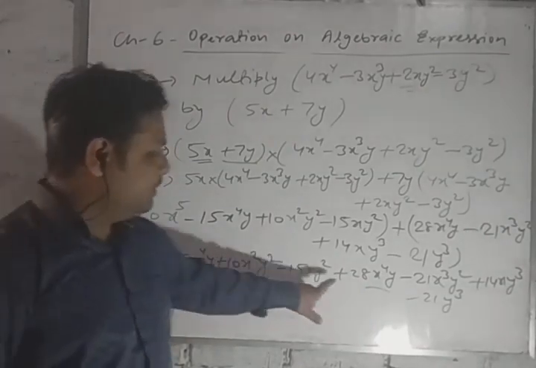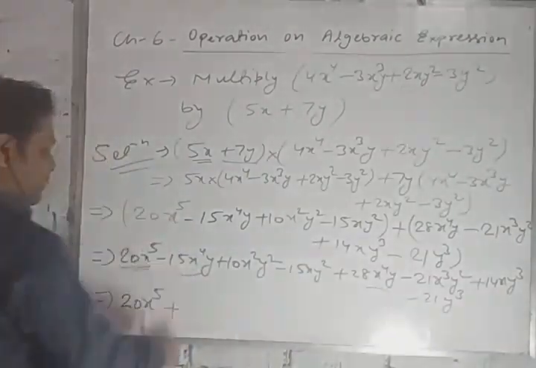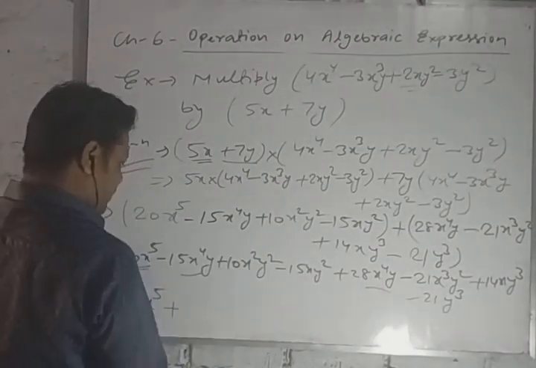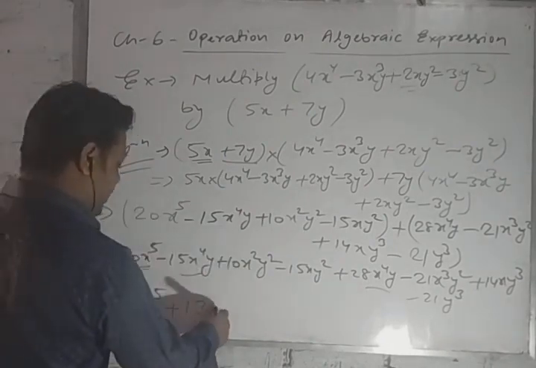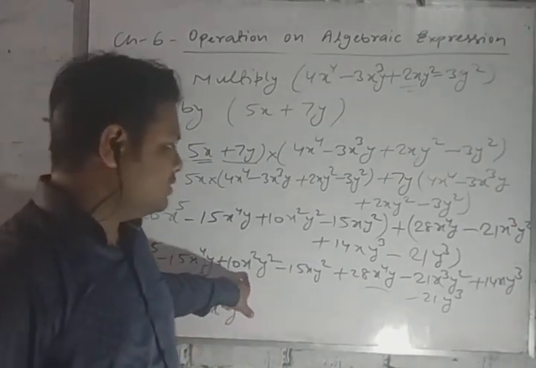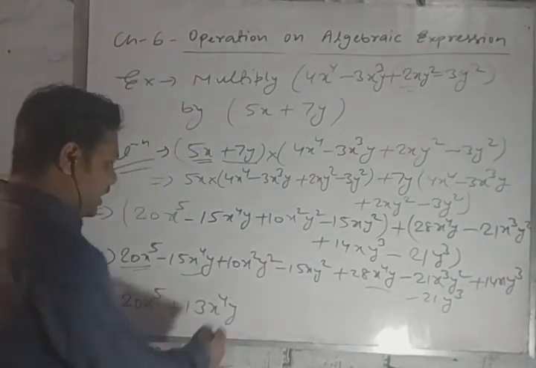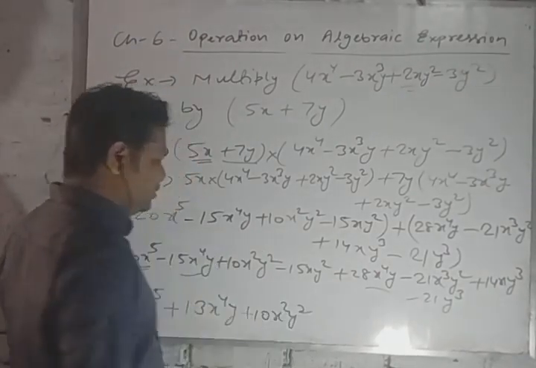Here minus, then plus, so we have to subtract: 28 minus 15 is 13, and x to the power 4 y. These two are done. Now x square y square: any other x square y square? No. So directly we will write plus 10 x square y square.